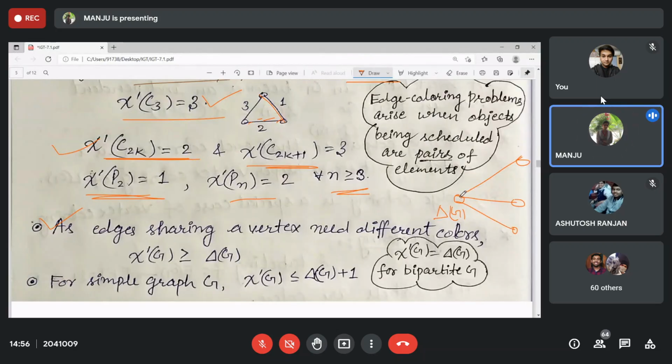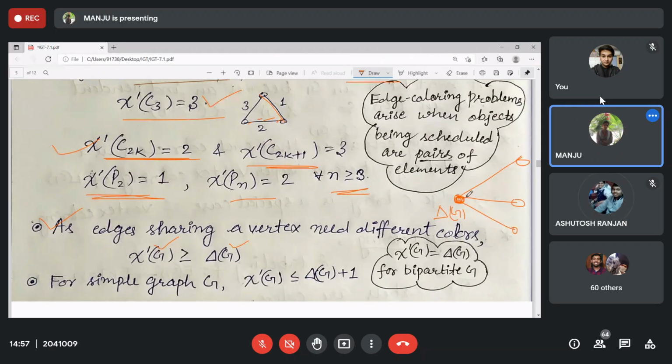So the minimum number of colors needed to color it properly will be at least delta of G. Clear? Are you getting it?